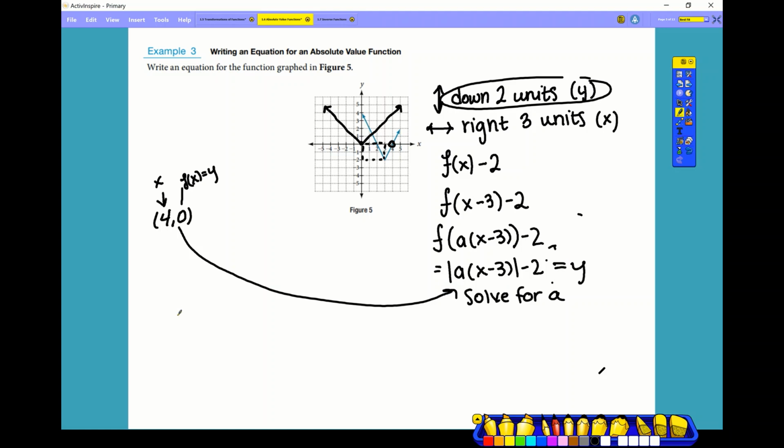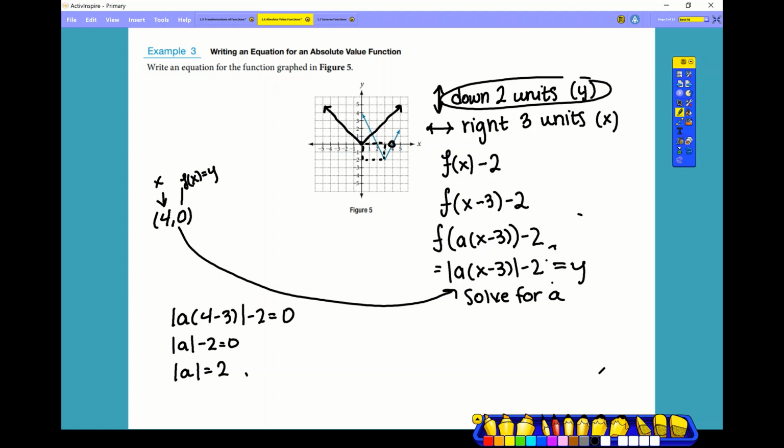So it's going to be a, our x is 4 minus 3, minus 2 is equal to, remember our y is 0. So it's going to be a, 4 minus 3 is 1, I'm not going to write it, minus 2 equals 0. The absolute value of a is going to equal 2.